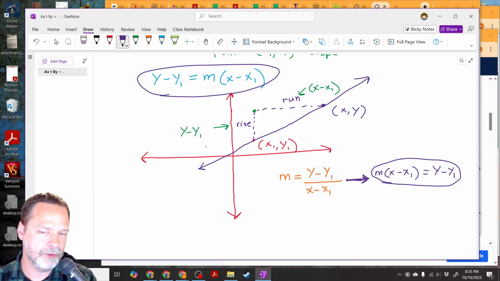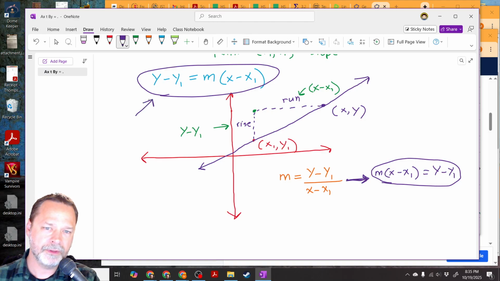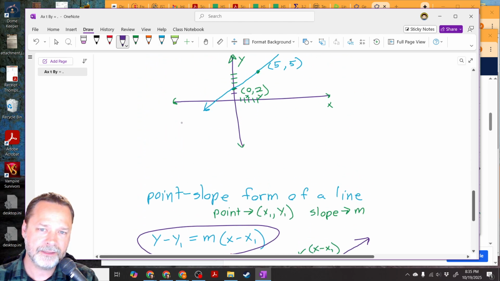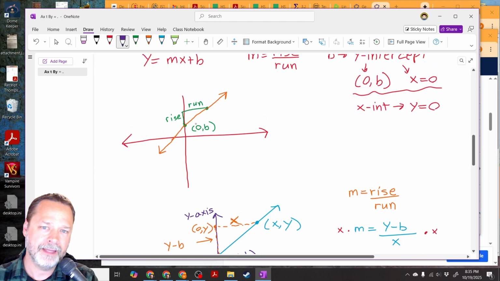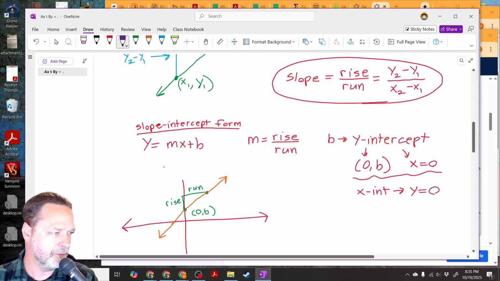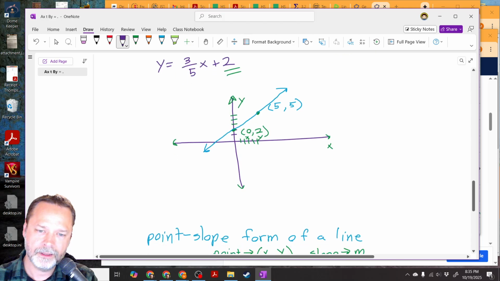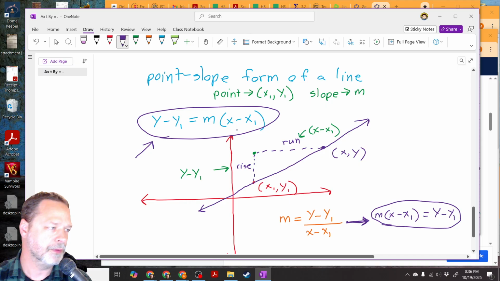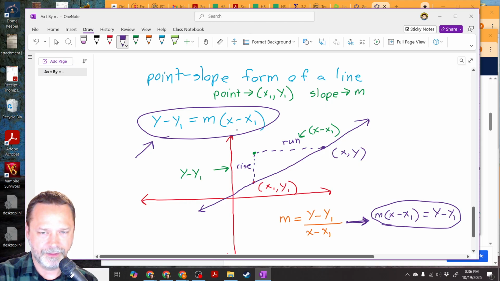In other words, if you know one point and you know the slope, you can get the equation of a line. If you get it in this form, you can always just solve for y. And once you solve for y, as I mentioned in the last video, that will be our slope-intercept form. So it's really easy to go from the point-slope form to the slope-intercept form.